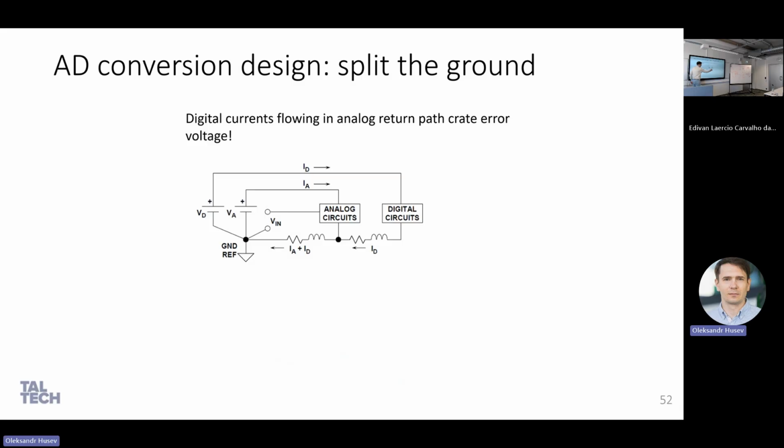Because they have a common path, right? In your digital path, which is actually not easy to measure or touch. Actually, in modern Altium design, you can even estimate impedance for some certain paths. It's actually possible, right? But the impact of this you will feel only when you design everything and you have some unexpected oscillation in measurements.